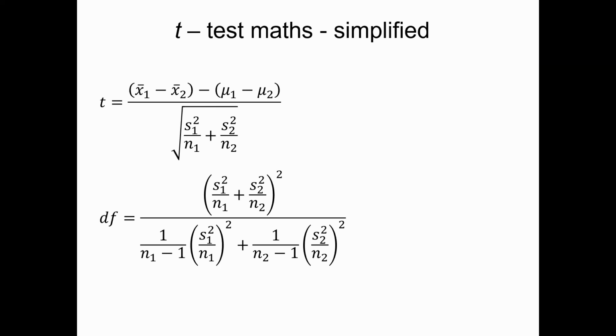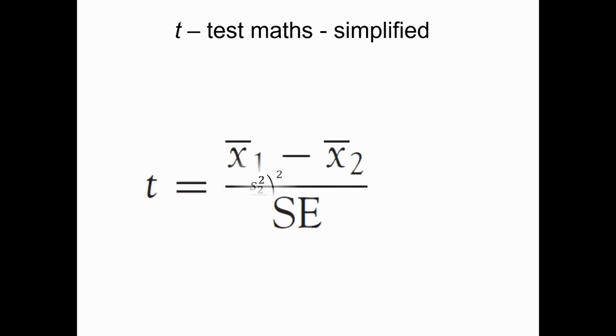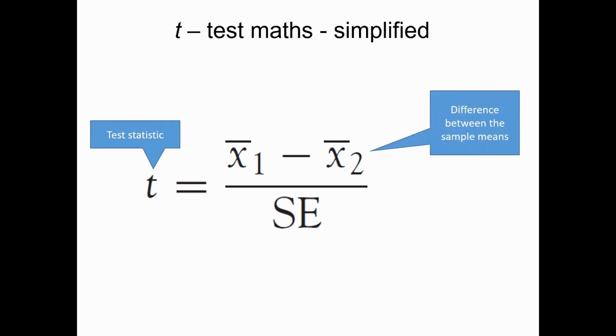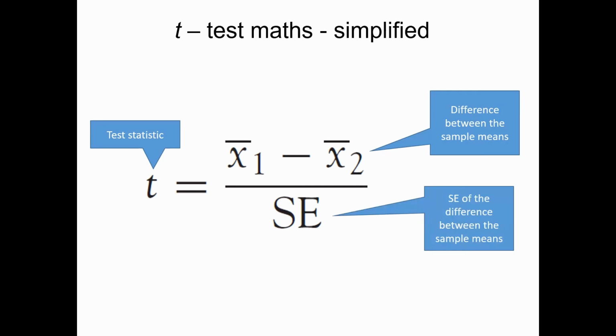Now I'm going to show you this math simplified. That is to say, the T statistic, the test statistic, is equal to the difference between the sample means divided by the standard error of the difference between the sample means.